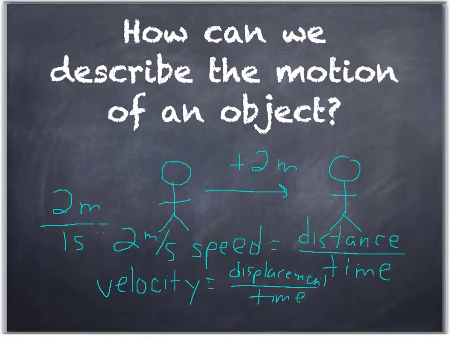So the velocity would be positive 2 meters per second. So notice that the number is the same. In this case anyways, it's still 2 meters per second, but velocity means that we're going to have a direction associated, a positive sign in this case.